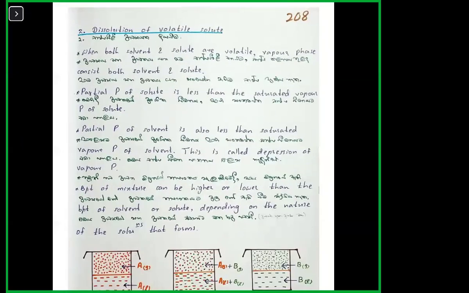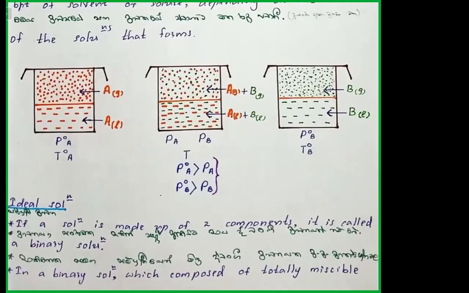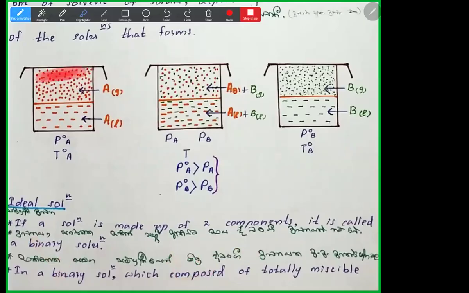Okay. See the next condition. Just memorize: non-volatile solute decreases volatility. Then the volatile condition. This is separately evaporating, and this is also separately evaporating. These two together now contribute to make the total pressure here, so the total pressure is always greater than these separate pressures.